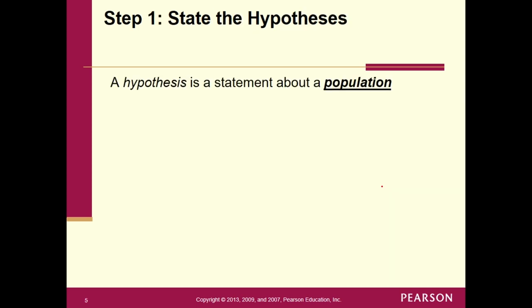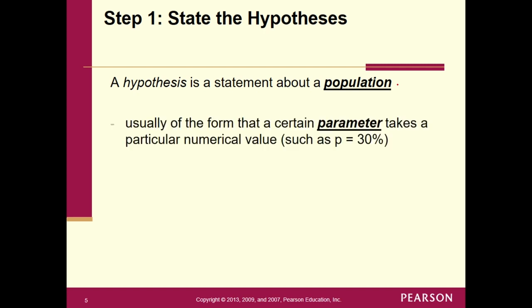A hypothesis is a statement about a population. Remember what I told you on day 1. What is the researcher's main focus? It's about the population, okay? And we use sample information to understand the population. So what we're going to do is create some sort of statement about a parameter. Now, where do parameters come from?